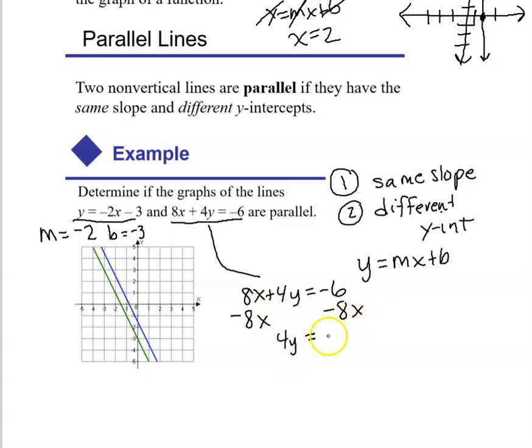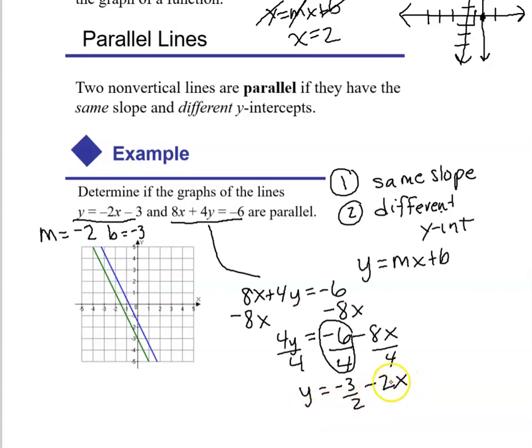So I would get 4y equals negative 6 minus 8x. Then I need to divide everything by 4. Well, if we reduce this fraction, negative 6 over 4 is negative 3 over 2. If we reduce this fraction, negative 8 divided by 4 is negative 2 times x. Now this is written backwards, right?